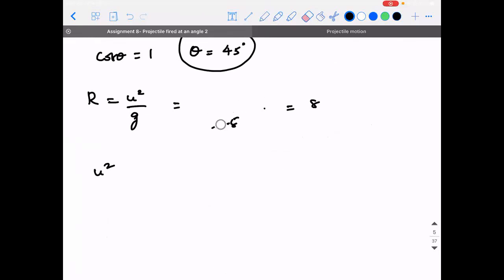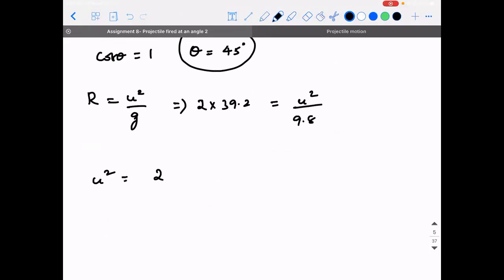One minute, sorry. So 2 into 39.2 is equal to U square divided by 9.8. So U square will be 2 into 39.2 into 9.8. So U will be the square root of this, in meters per second.